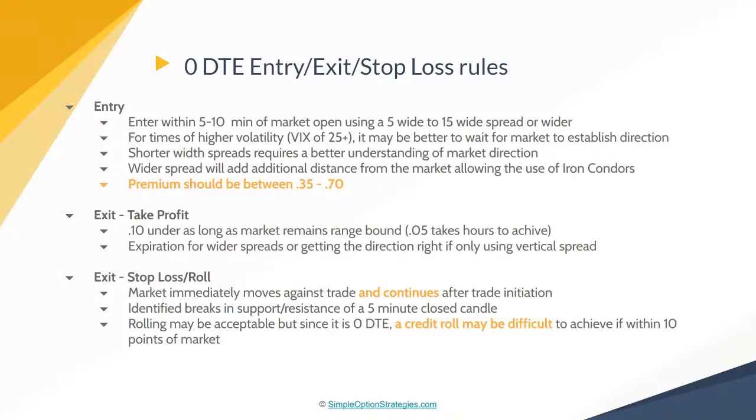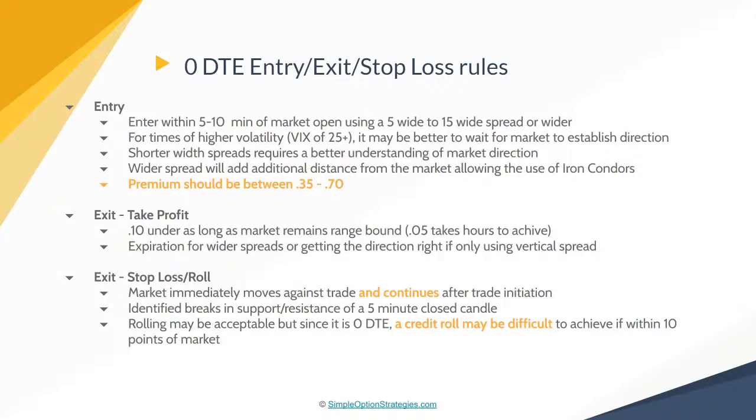All right. Okay, so let's talk about rolling. Before, I used to say, well, no rolling, just take the loss. However, with a put credit spread in a generally trending up market, you could find ways of rolling it. And the key to that is that you want to roll that trade prior to it being breached.